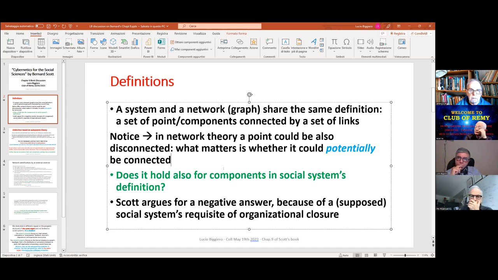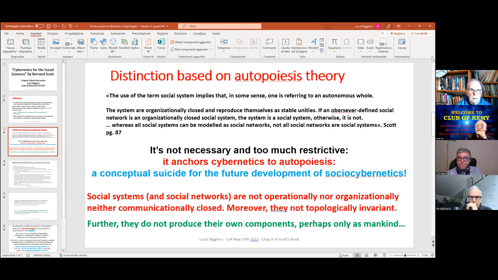Next slide, please, Lucio. Okay. As I recall, I do not use the word autopoiesis in my chapter at all. I'm following Pask here.